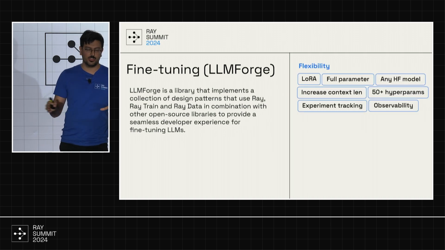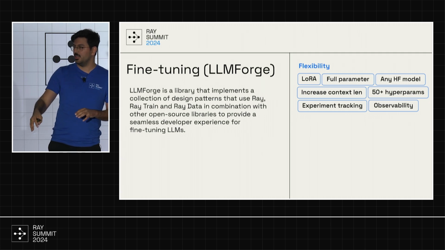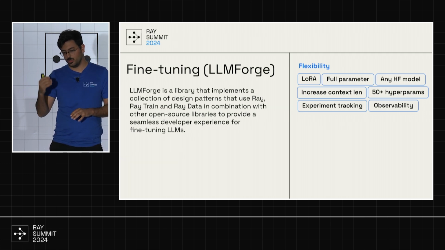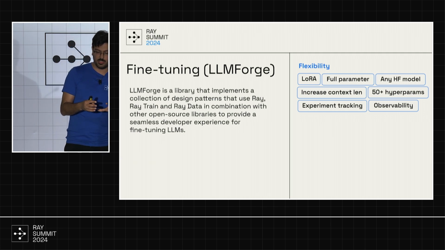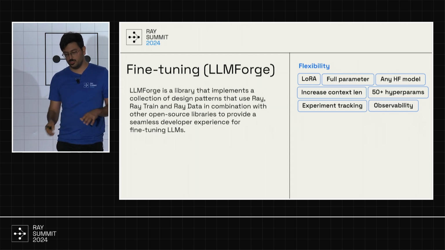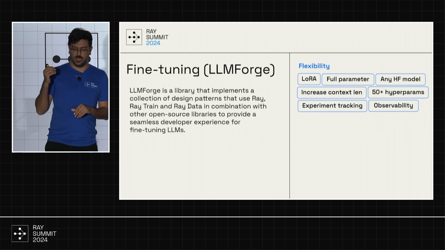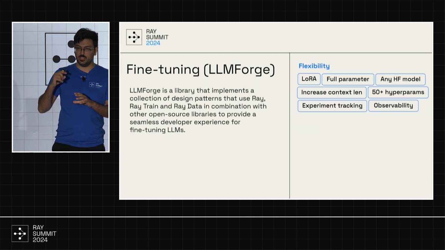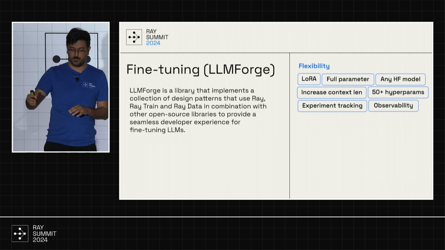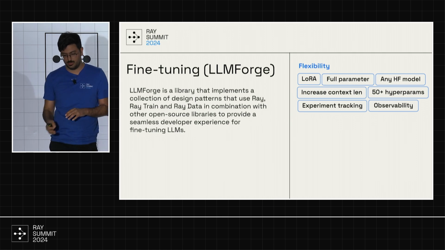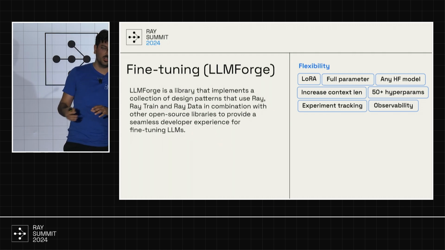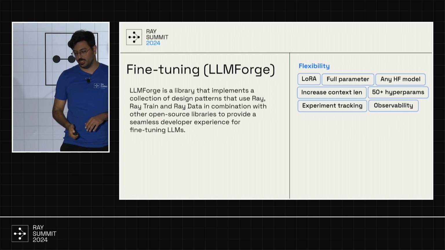Again, lots of features, categorizing them here. For example, it supports LoRA and full param. You can bring any Hugging Face model, like it was mentioned today in the keynote. There's very flexible control over all hyperparameters, experiment tracking built in, and a lot of observability around how training jobs are running.